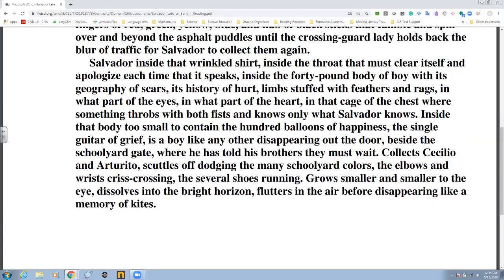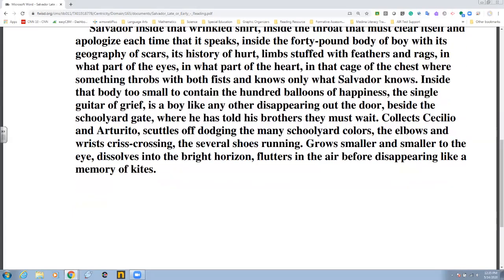In what part of the eyes, in what part of the heart, in that cage of the chest where something throbs with both fists and knows only what Salvador knows. Inside that body too small to contain the 100 balloons of happiness, the single guitar of grief, is a boy like any other disappearing out the door beside the schoolyard gate where he has told his brothers they must wait.